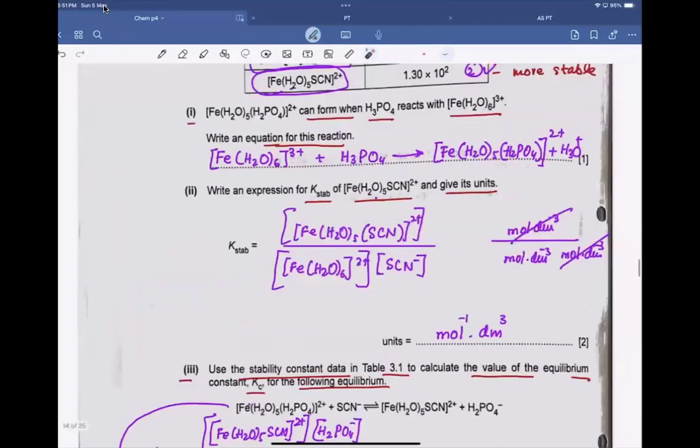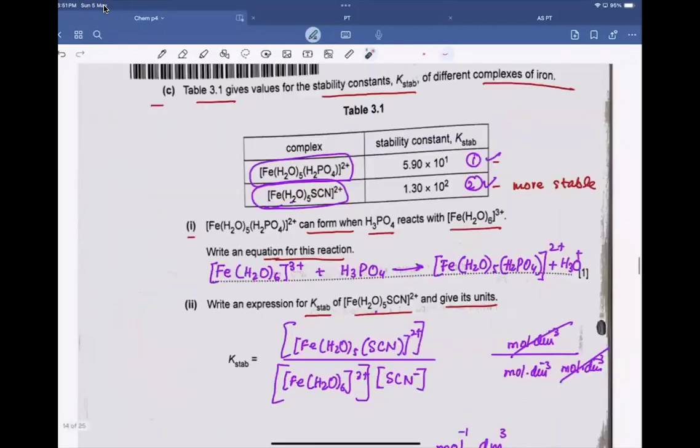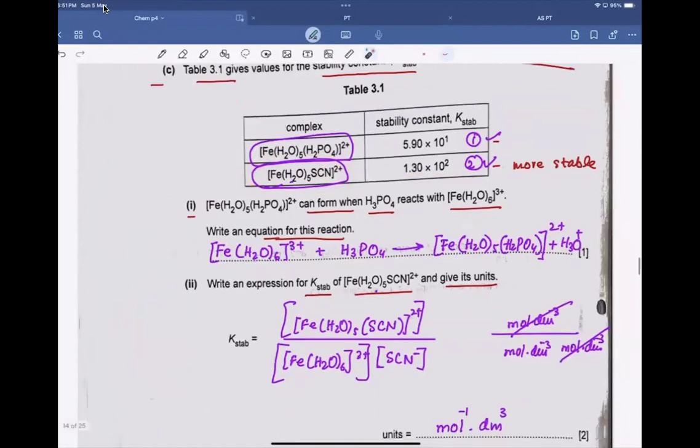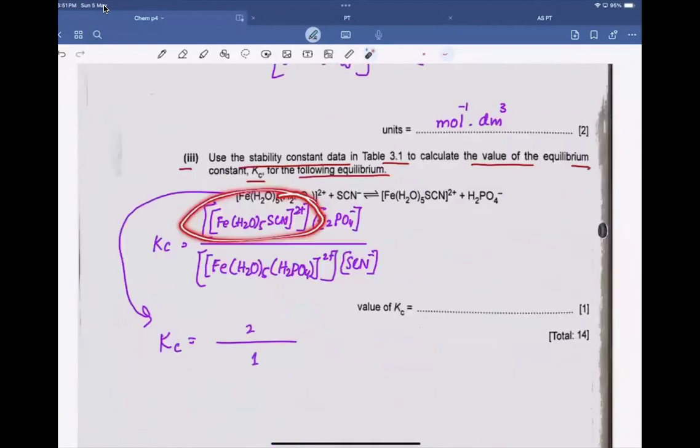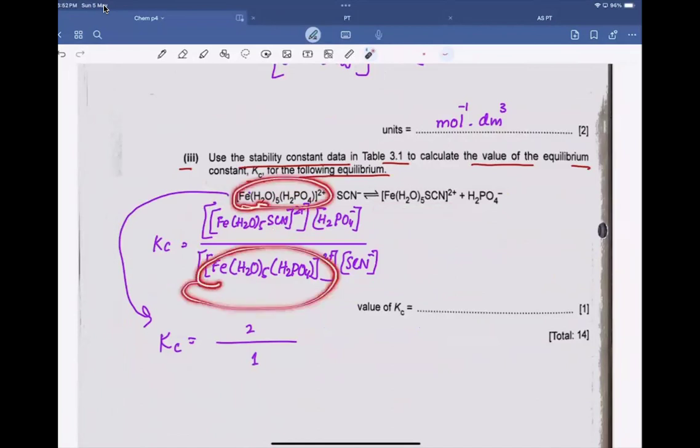Okay, now have a look over here. This complex value is this, and this complex is in the numerator over here, right? And this complex is in the denominator over here.